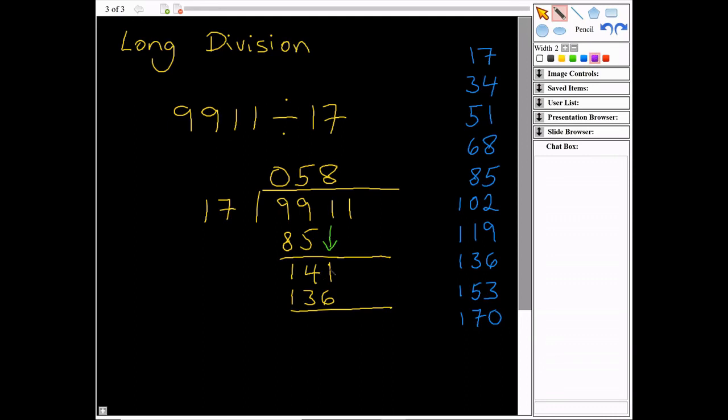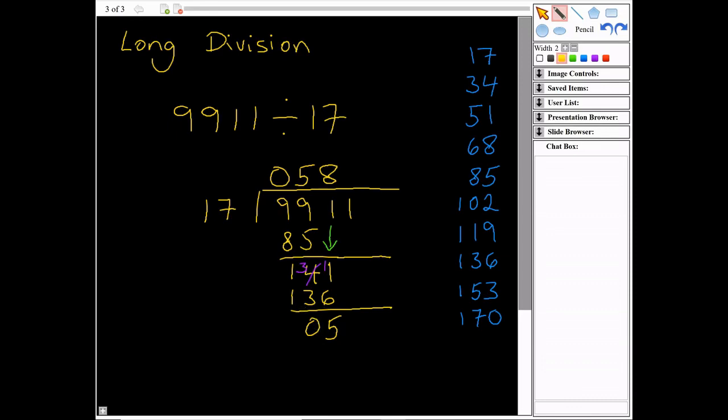So here, when I take away, I can't do 1 take away 6, so I need to take 1 from here, make that be 3, make that be 11. So then 11 take away 6 would be 5. 3 take away 3 would be 0. Yes, that's right, just 5.